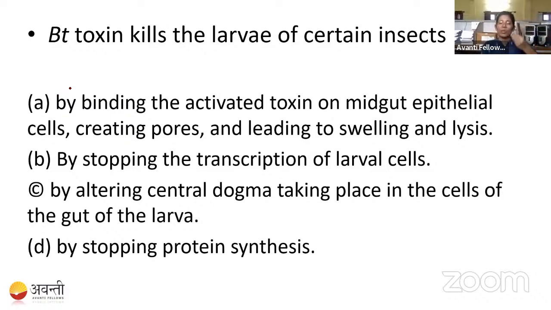Gut means the entire area from the mouth to the anus. In that, the midgut's inner layer is made up of epithelial cells. In these epithelial cells, pores will be created, and later they will swell and ultimately lyse. This is how Bt toxin kills the larva.